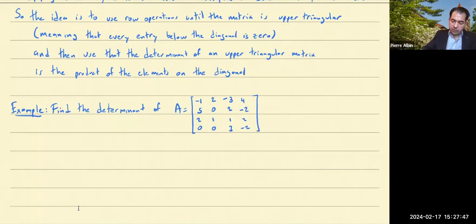Okay, so to find this determinant, what we could do is, I'm just going to copy it again down here.